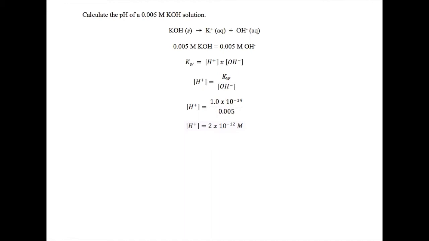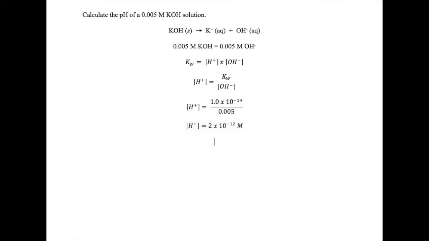This gives us that the H plus concentration equals Kw divided by OH minus concentration. We substitute the value for Kw, which we have memorized, 1.0 times 10 to the negative 14th, and we divide that by a unitless concentration for the hydroxide ion. We do the math, and we get that the hydrogen ion concentration equals 2 times 10 to the negative 12th molar.